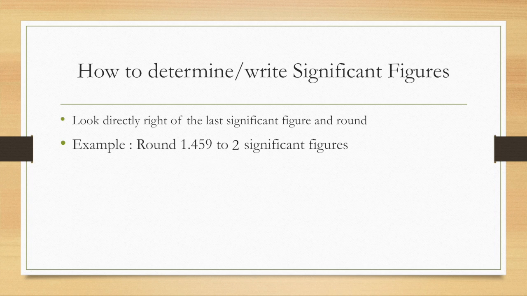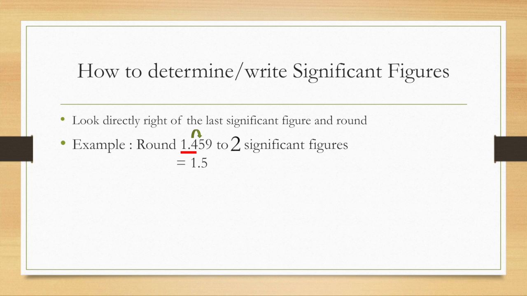For example, this number right here says to round 1.459 to 2 significant figures. Since it says two significant figures, we underline 2 digits because that's all we need. So it's the 1.4. Then you look directly right of that 4, which is a 5. Because it's a 5, you round up, and then your answer is 1.5.